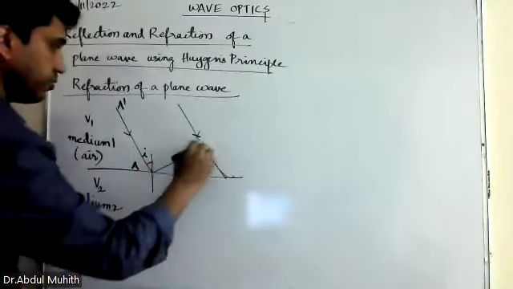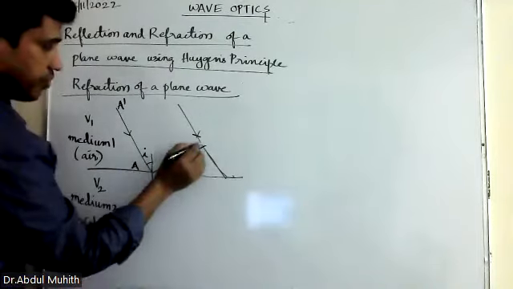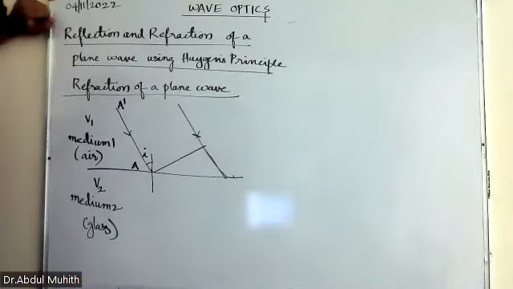So this is the wavefront. This line is the wavefront, which makes an angle of 90 degrees. Okay, clear? Yes, sir. Wavefront makes an angle of 90 degrees, and I is the angle of incidence.